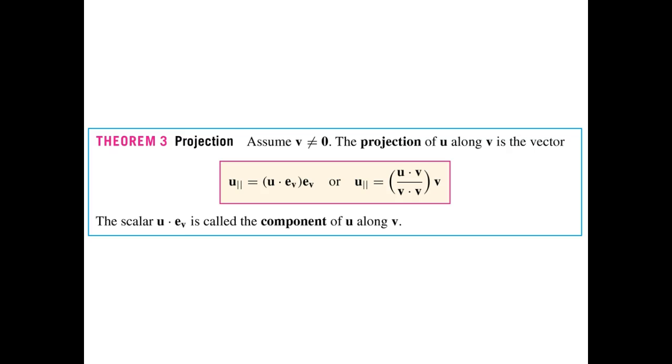That's why this symbol, to me, is a parallel symbol. Component of U parallel to V. Component of U perpendicular to V would be that.